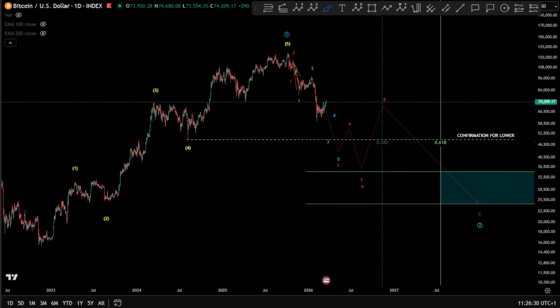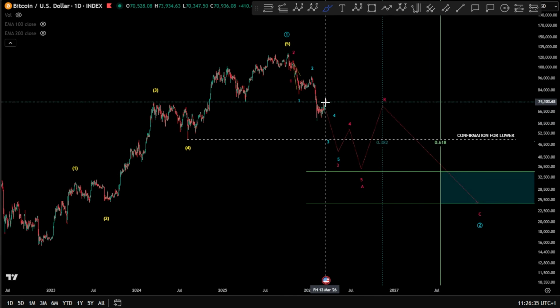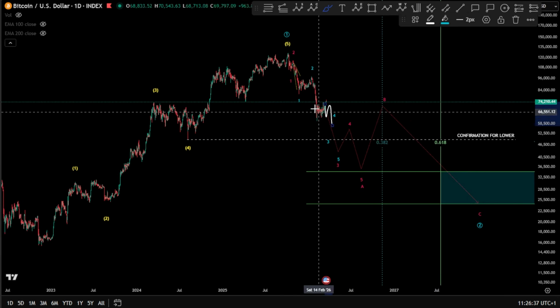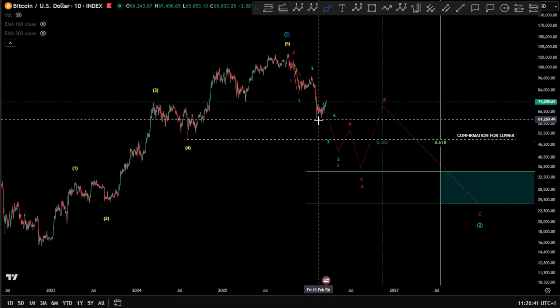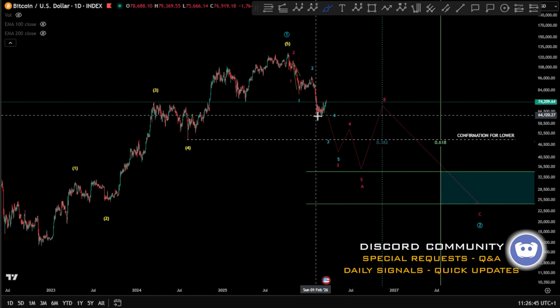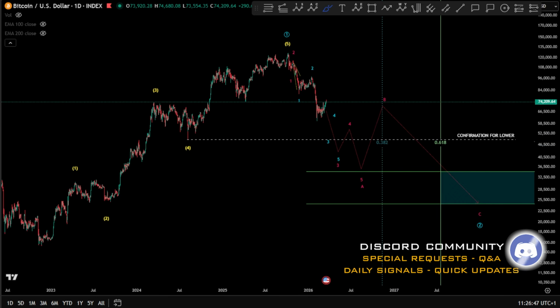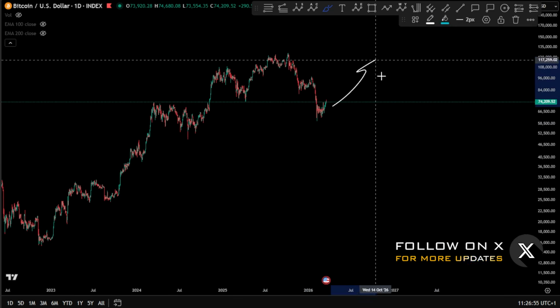Also, because our base channel is not broken, that is an additional signal that we're still ranging here, potentially in 3 waves corrective, especially with the 1-to-1 fib level here, and then pushing toward the upside again for Bitcoin. So I'm not going to waste time on it until we get further signals on the micro level, which is still potentially corrective, and we might push toward the upside again.